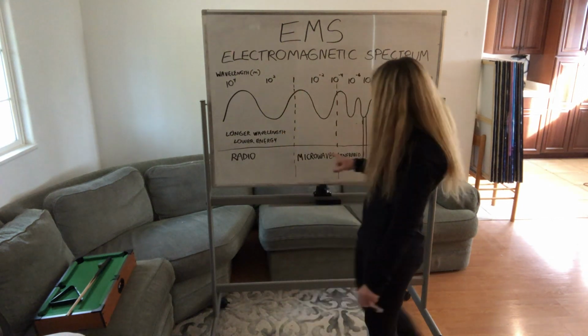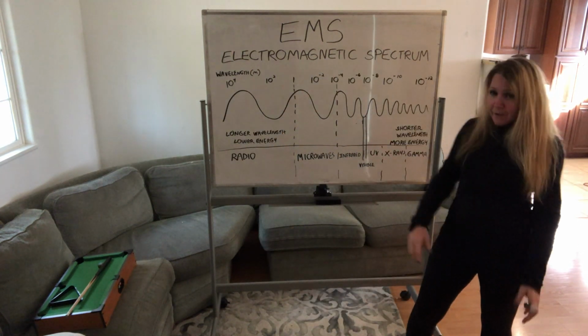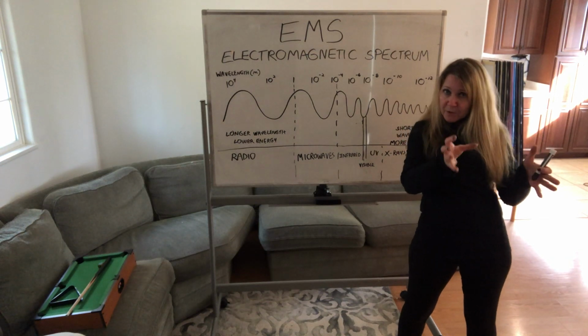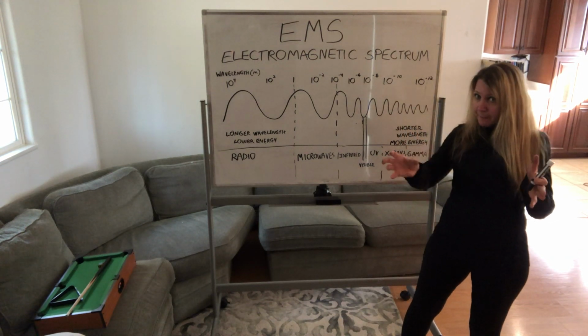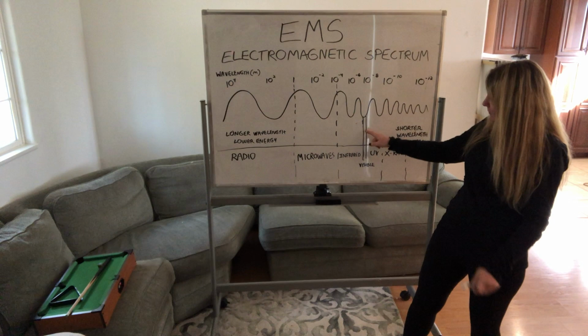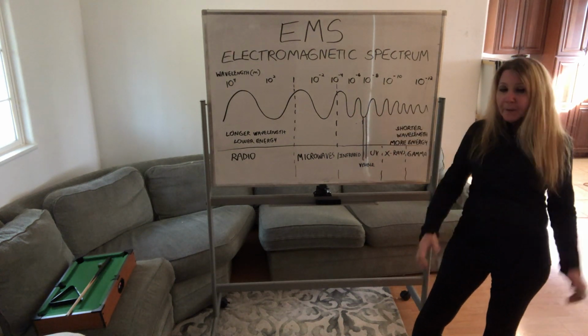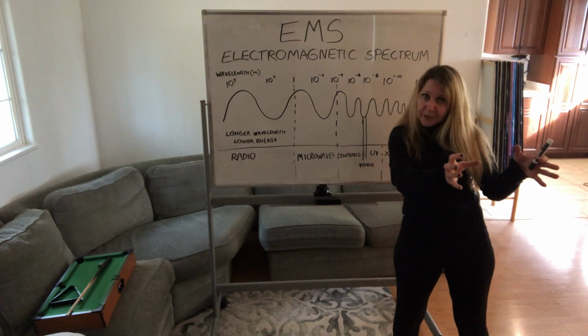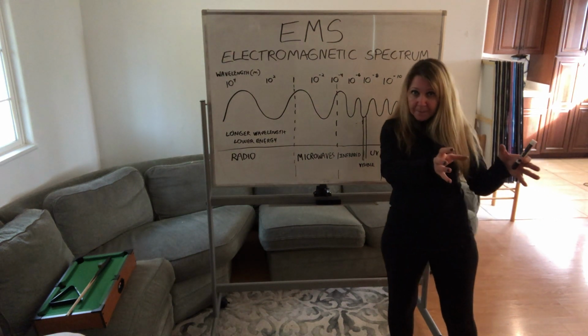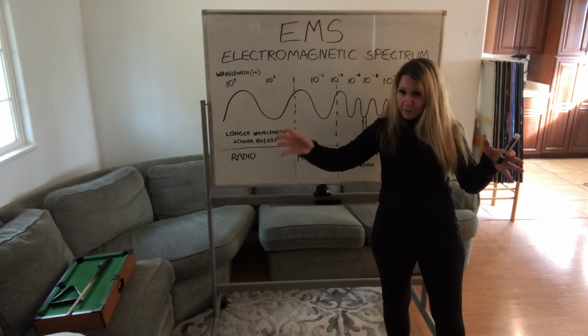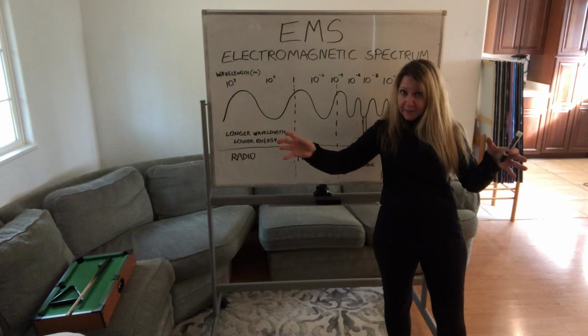In just this visible area, some of those waves are a little longer than others. So if we zoomed in on this one section here, the longer wavelengths are going to be like the red. Shorter ones will be more the violet.